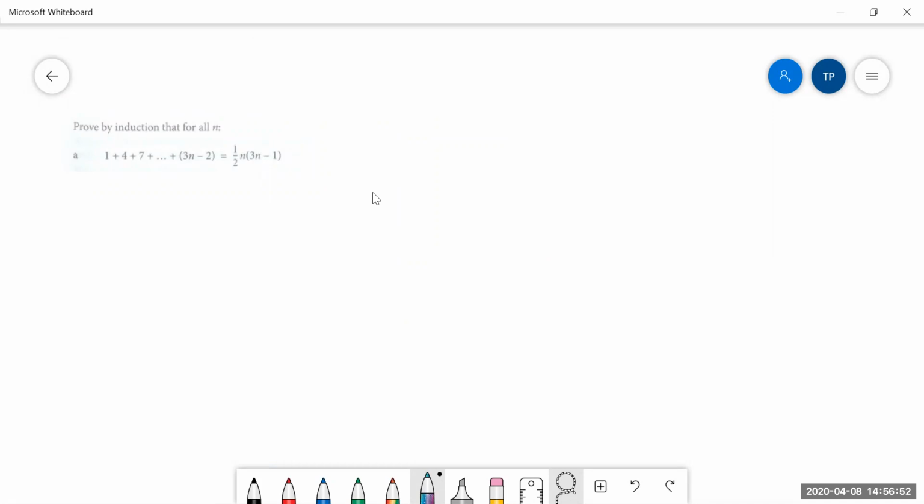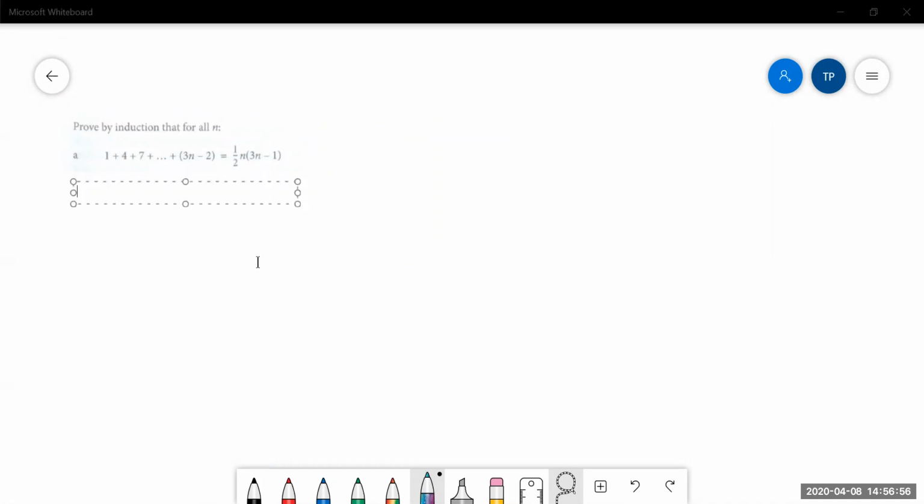What is the first step? The first step is to prove by induction that... You have to write out the sentence. Define Pn.